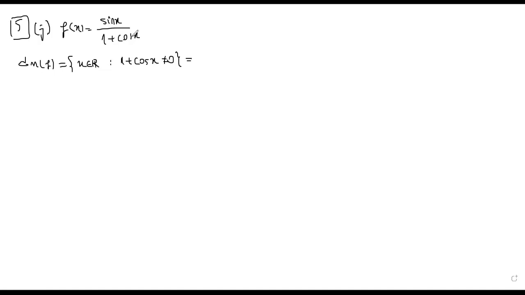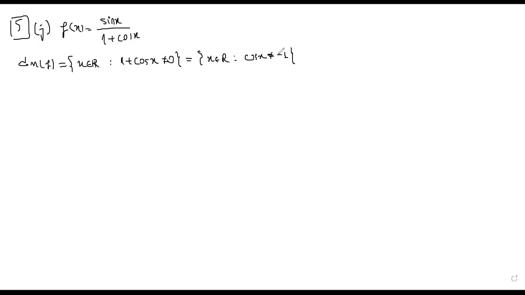Cosine is 0 if it's, sorry, let's rewrite it. Cosine x cannot be equal to -1. All right, it cannot be -1.